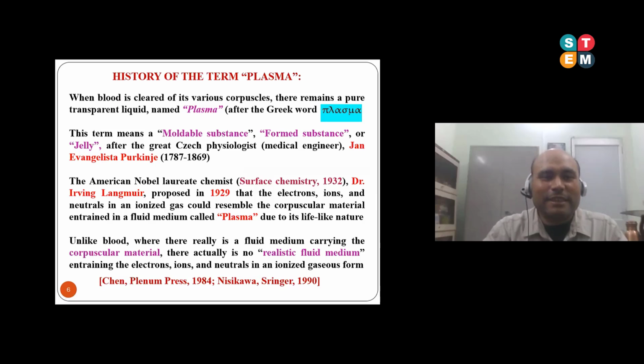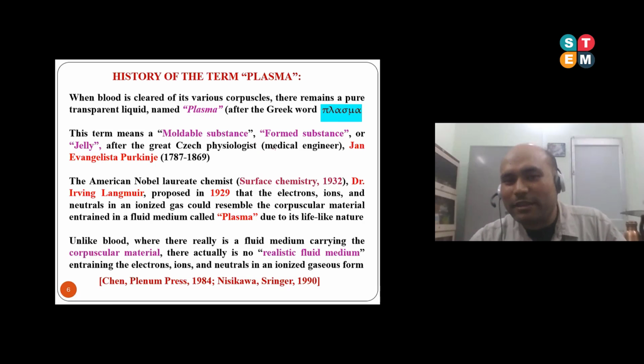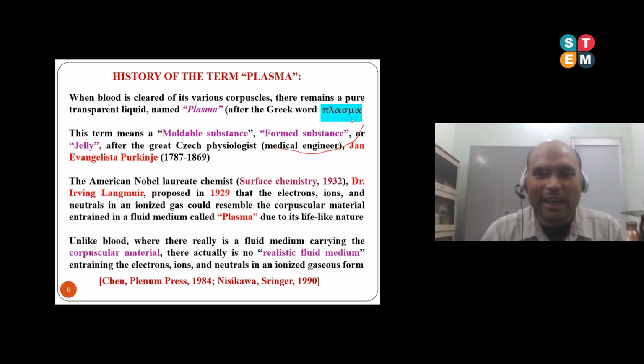This is the history of the term plasma. It was taken from a medical engineer's usage, named after that moldable or formed, jelly-like substance. The medical engineer first found it, and after that, in plasma physics, it was named by the American Nobel laureate chemist of surface chemistry.